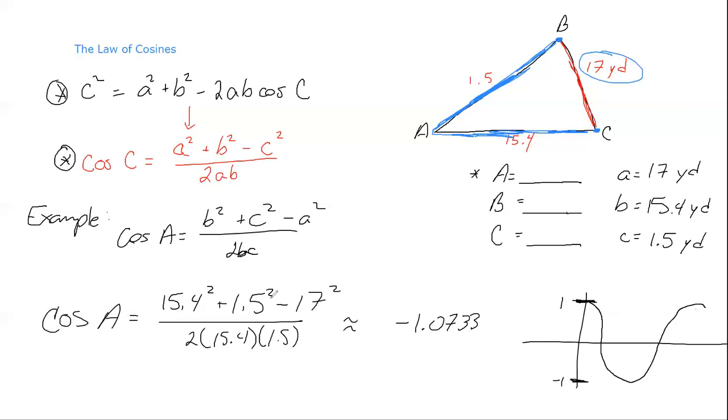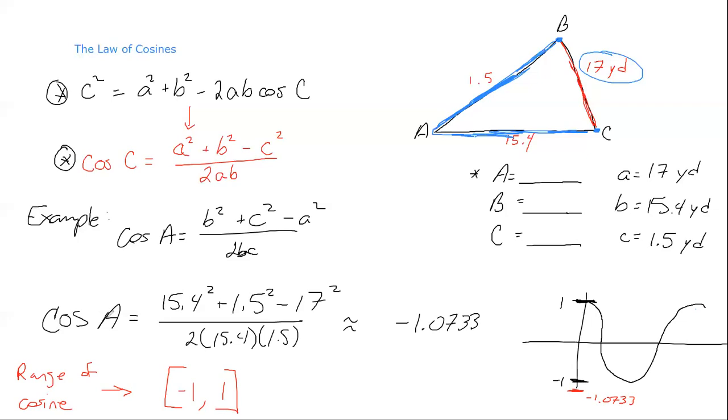But what this says is that angle A has a cosine value that is down here at negative 1.0733. This is an impossible value of the cosine because cosine is locked between negative 1 and positive 1. This is the range of the cosine function.